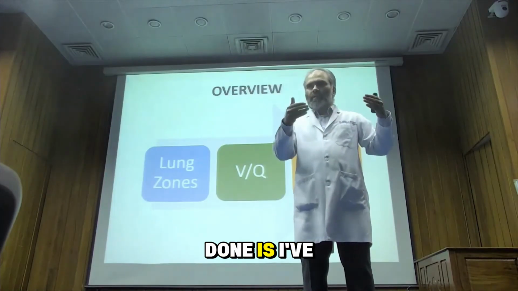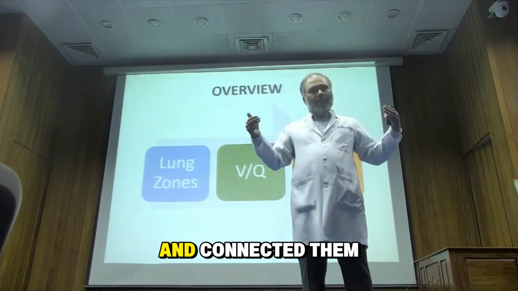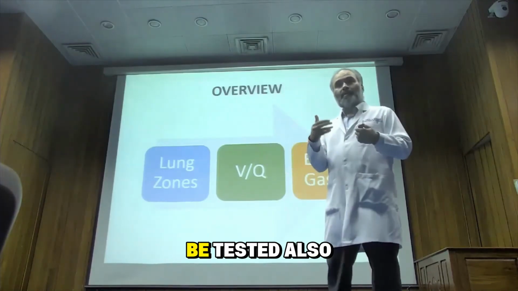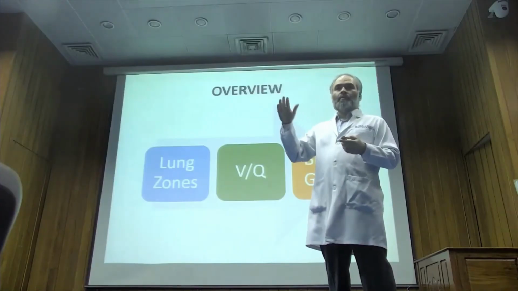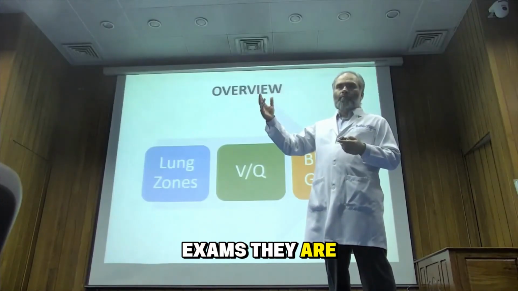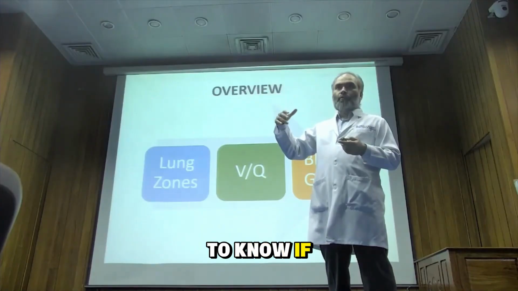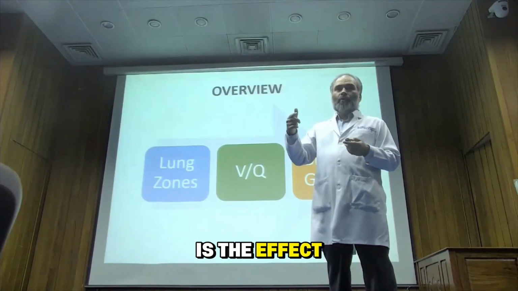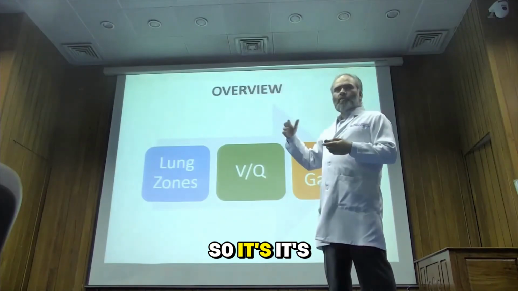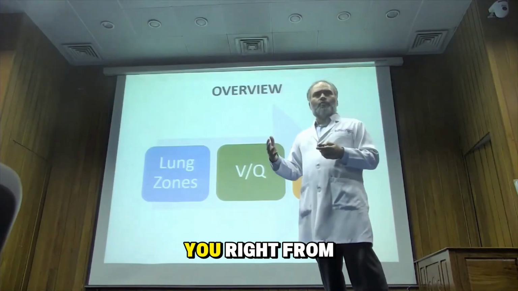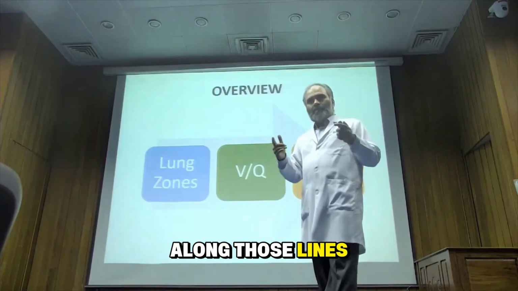So what I've done is I've taken them out and connected them. Okay, and you will be tested also, not just in first year. Eventually, in higher exams, they are more interested to know if you know what is the effect of all of this business on blood gases. So it's reasonable to teach you right from the start along those lines.